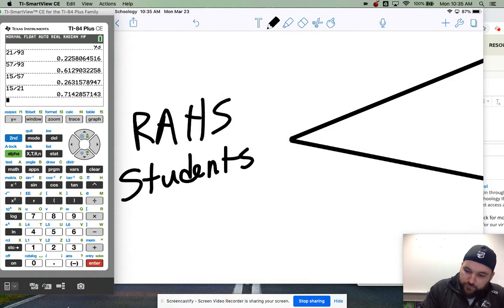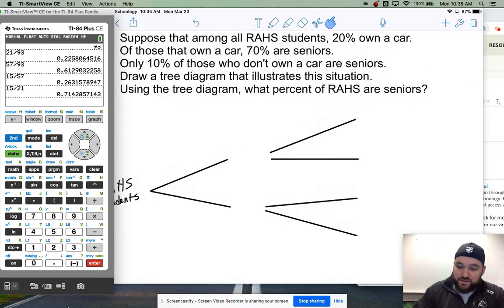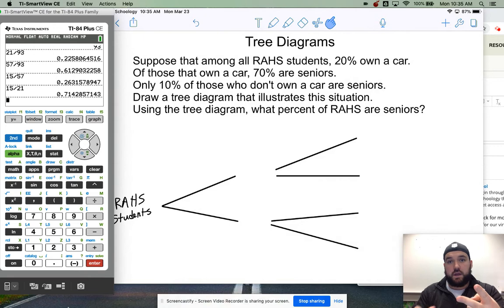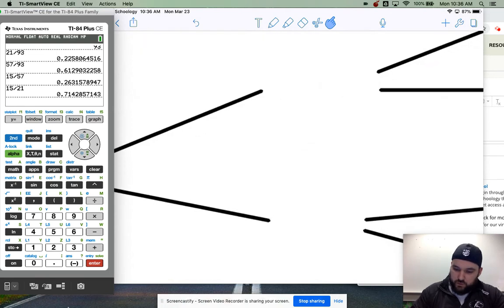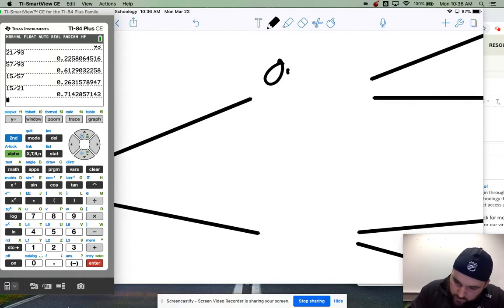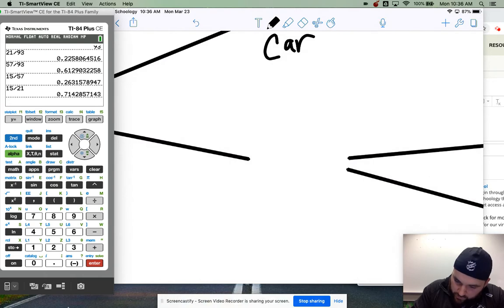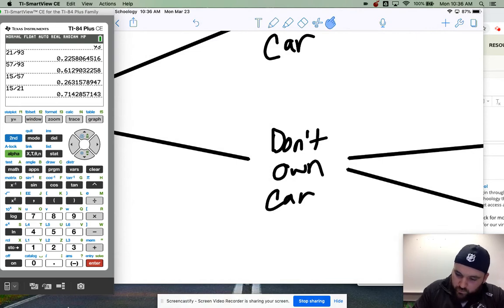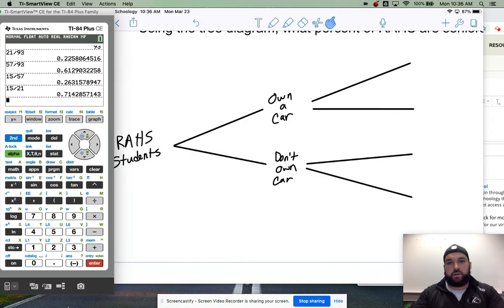Okay. And then the first statement in this problem splits the ROS students into two groups. It splits them into people that own a car and people that don't own a car. So everyone at ROS is split into one of these two categories.